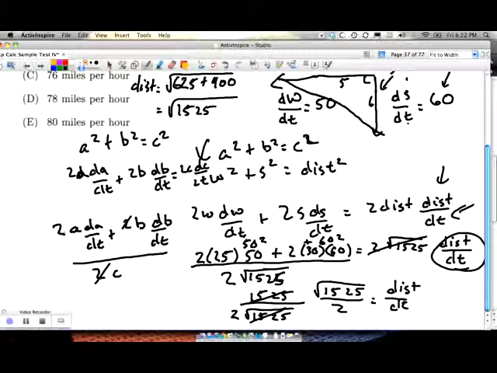So actually the 2's will reduce, and we'll have a dA dt plus b dB dt over c equals dc dt. And we know that a was 25 and the rate was 50, and b was 30 miles and the rate was 60, and c is a squared plus b squared equals c squared.